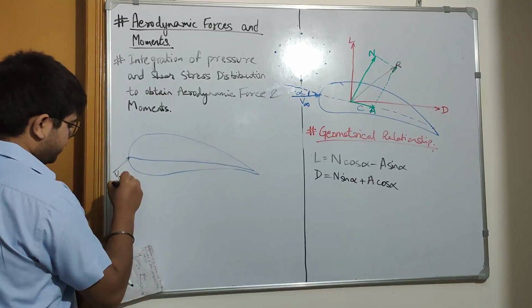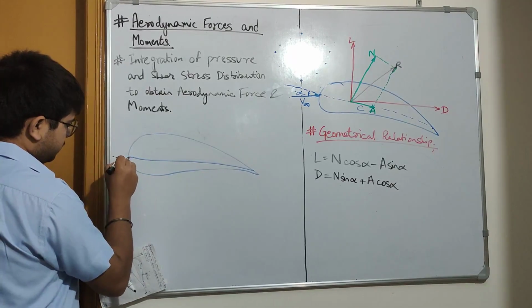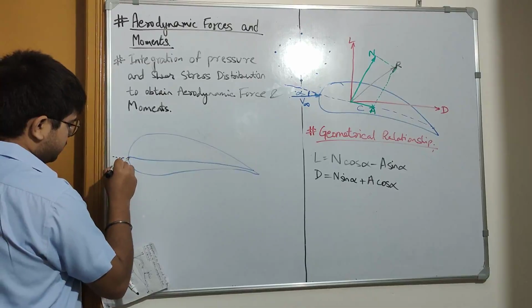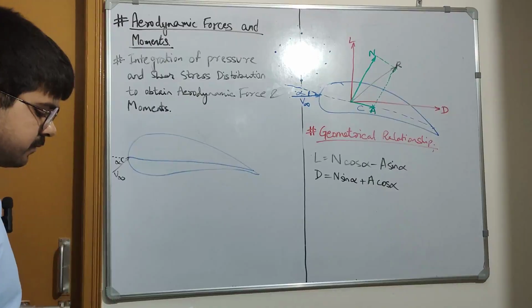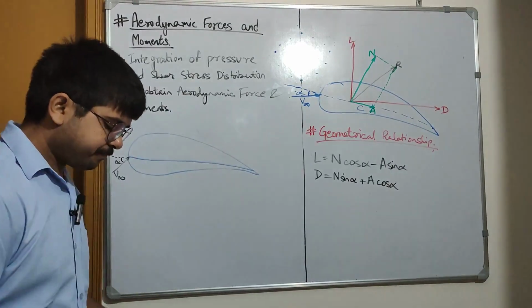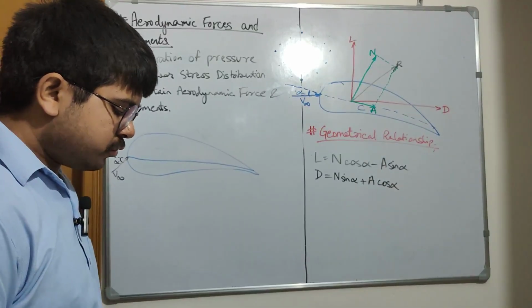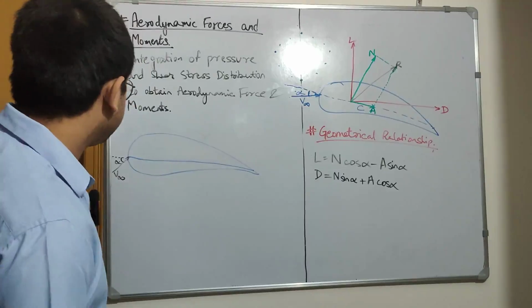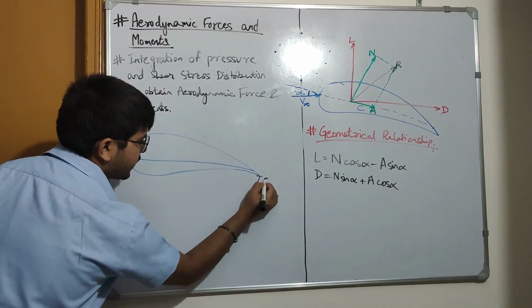This is the free stream velocity, and this is alpha, that is the angle of attack. Now we will have two arbitrary points. This one is the leading edge, and this one is the trailing edge.